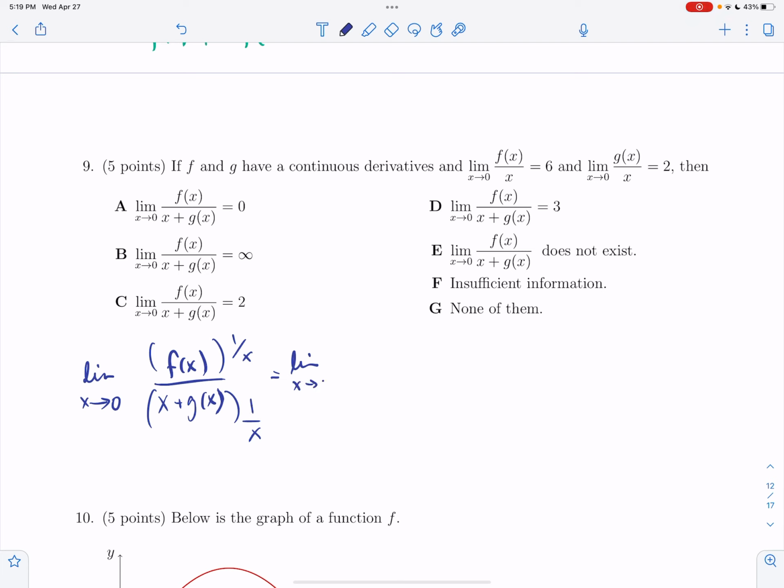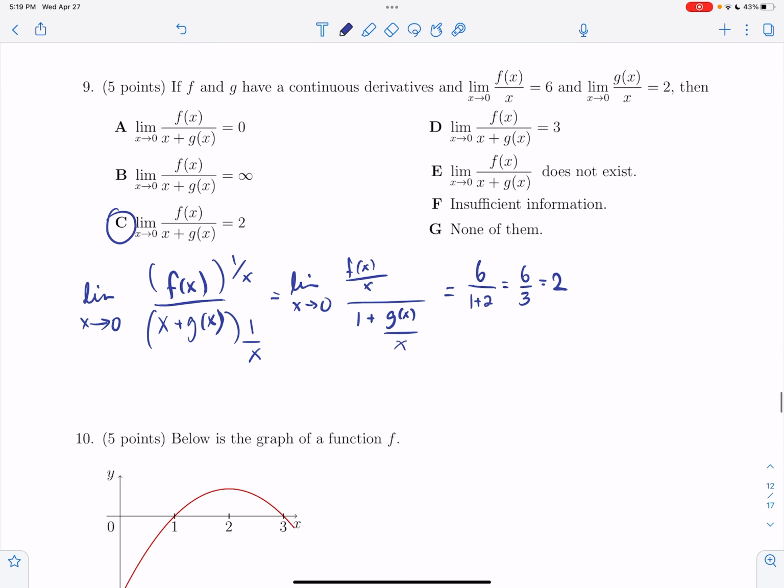Limit as x goes to 0 of f of x over x divided by 1 plus g of x over x. Okay, limit as x goes to 0 of the numerator, we know that's 6. How about the denominator? This is 1, that stays 1. The limit of this is 2. So this limit will be 6 over 1 plus 2, which is 6 over 3, and the answer is 2. Okay, so you know that is true.